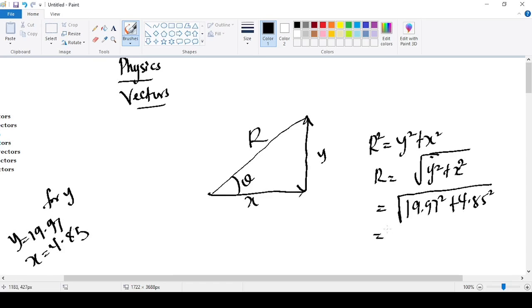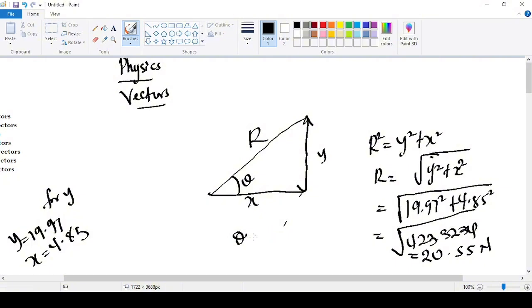This is going to give us 19.97 squared plus 4.85 squared equals 423.3234. So this is going to be the root of 423.3234, and this is equivalent to 20.55 Newton. Now the angle, theta.